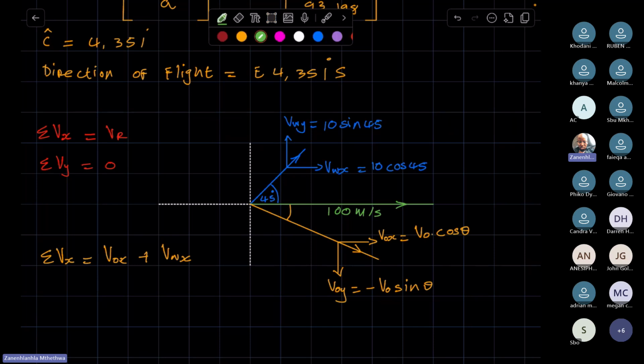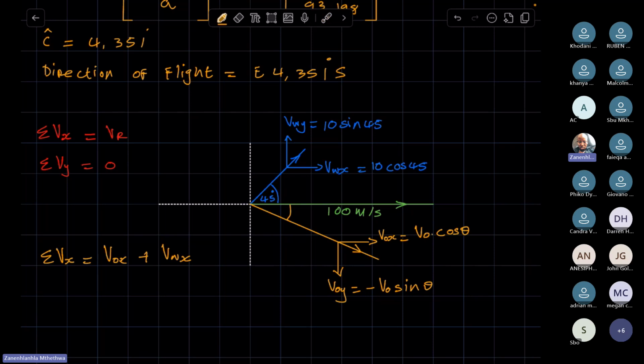Right. So the fact that VR is parallel with the x-axis means that the component of VR in the x direction is approximately equal to VR, and the component of VR in the y direction is approximately equal to 0.